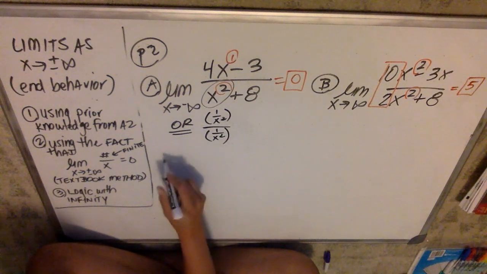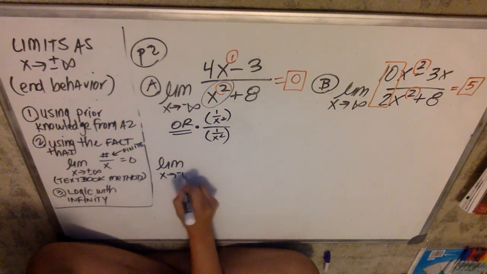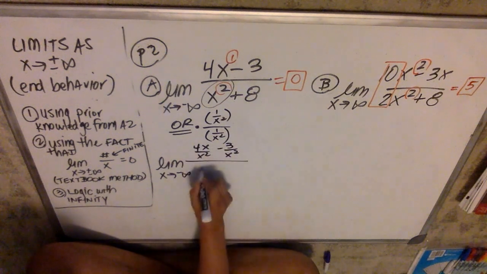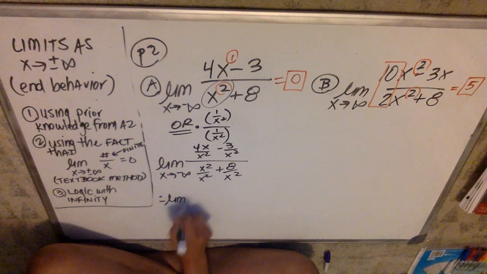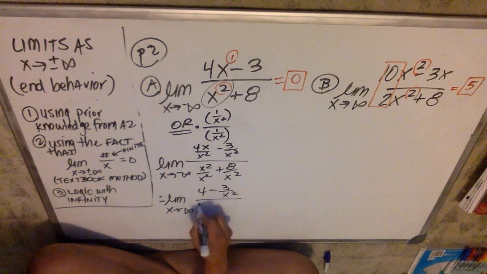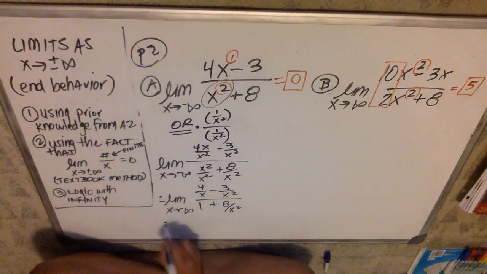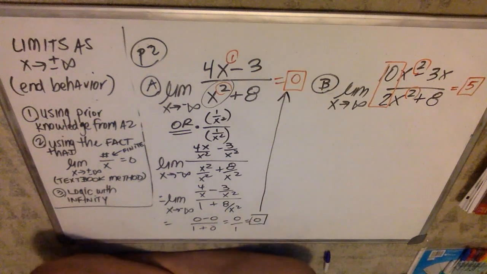I would get 4x over x squared minus 3 over x squared over x squared over x squared plus 8 over x squared, which would be the limit as x approaches negative infinity of 4 over x minus 3 over x squared over 1 plus 8 over x squared, my bad, come on brain. Then if I plug in, I'd get 0 minus 0 over 1 plus 0, which is 0 over 1. Oh look, it's a 0, which is the same answer we got using prior knowledge, right?